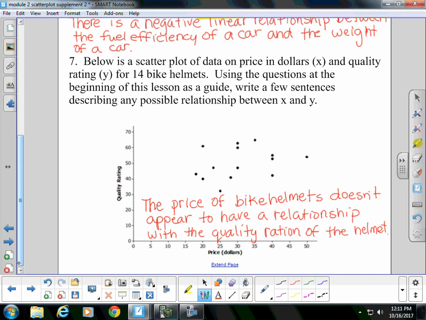Now I would think there would be, but based on those 14, it doesn't really look like it.